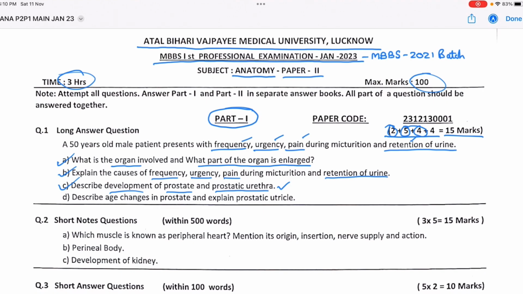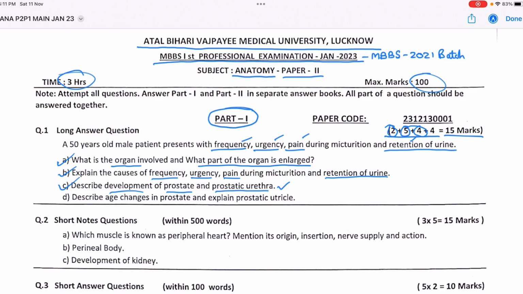They move away and above, such that the trigone becomes a triangular area with a base above and an apex below. Now this pointed lower portion of the trigone, which is derived by the absorption of the mesonephric duct, also descends down to contribute to the posterior wall of the prostatic urethra, while the openings of the mesonephric ducts descend down to reach the level of the prostatic urethra, right?